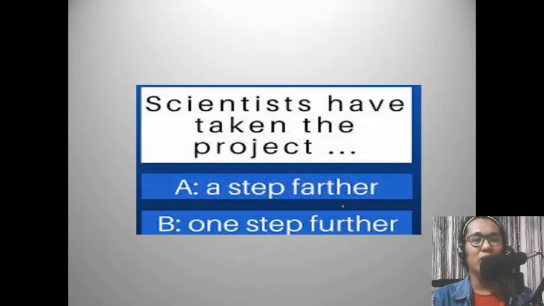Now let's go to the last one. Scientists have taken the project blank. We have choices here: a step farther or one step further. In short, farther or further. I'm going to give you 30 seconds.